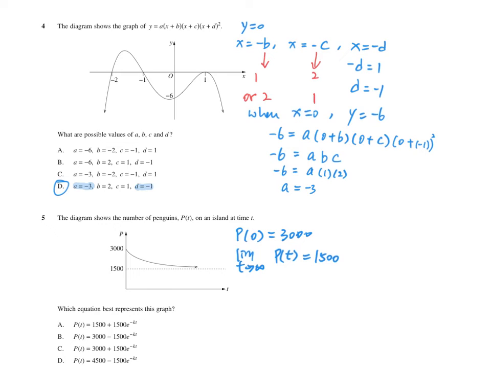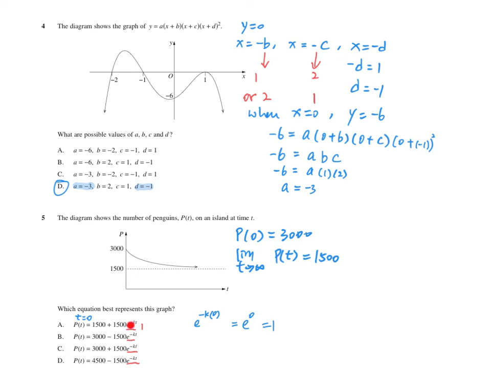Let's now take a look at our choices here. We have p0 equal to 3000. When t equals 0, the value of p depends on this e to the power minus kt. But when t equals 0, it becomes e to the power 0. Anything to the power 0 equals 1.